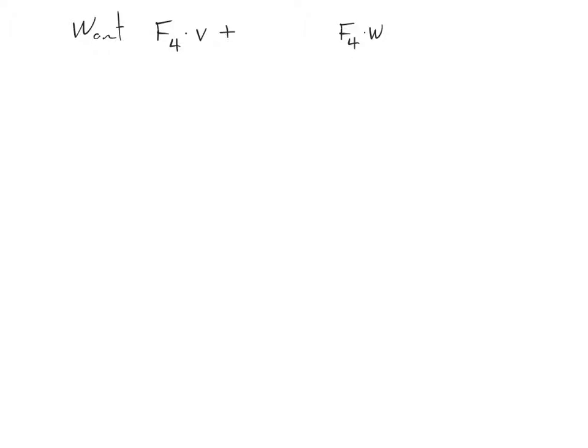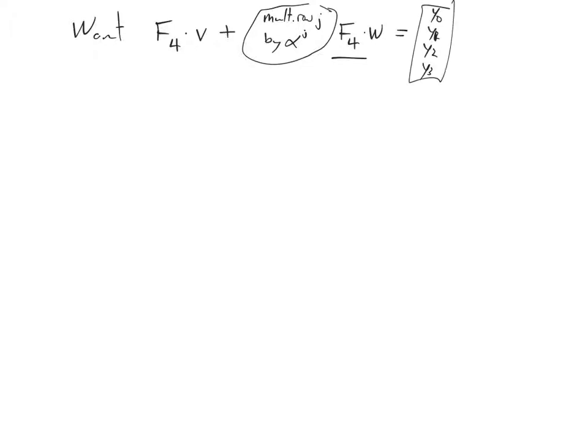So however you want to say it, I'm going to just say multiply the row J by alpha to the J. So we take the F4 matrix and multiply each of its rows by the power of alpha, 0, 1, 2, 3 for this half. And that'll give us Y0, Y1, Y2, and Y3. So that's our first equation.